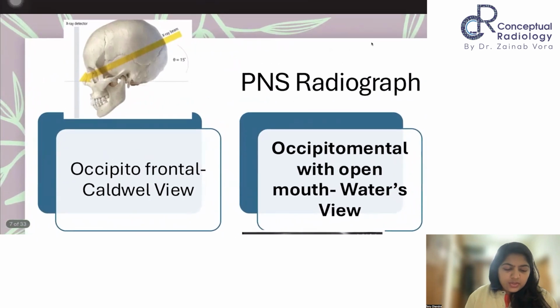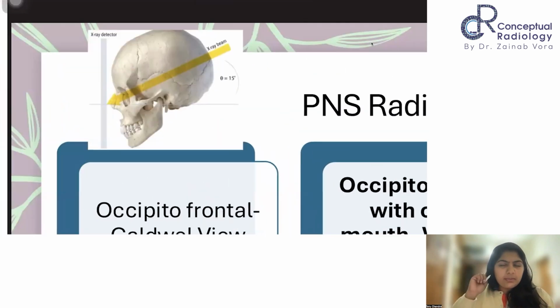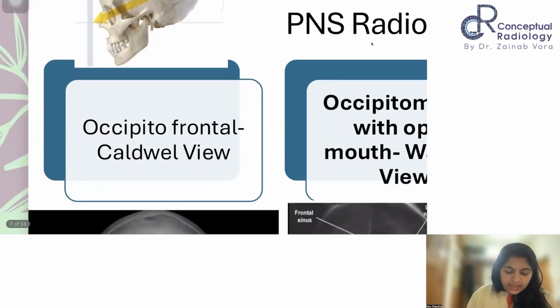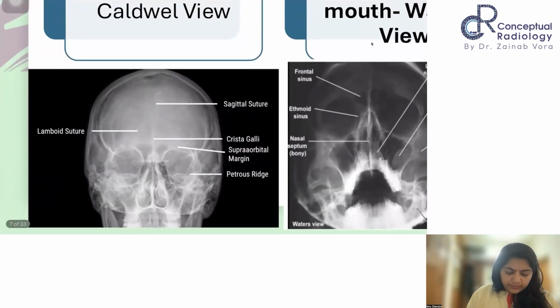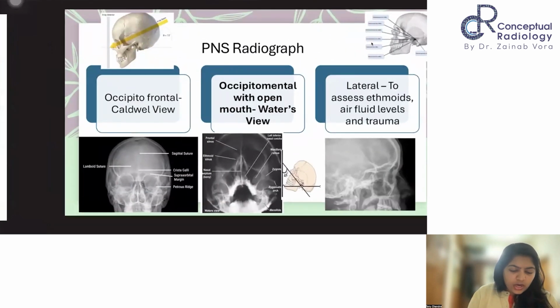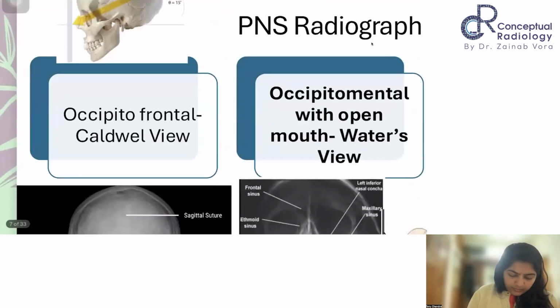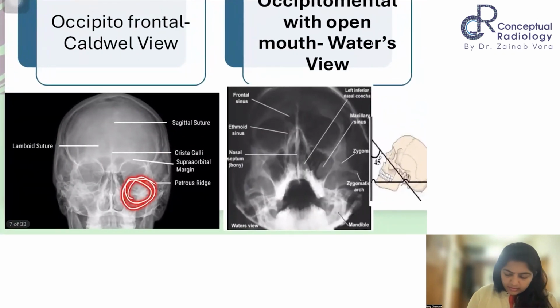Remember Caldwell view as occipitofrontal. Beam is coming from the occiput going to the frontal. So here the frontal is touching the X-ray plate, right? This is what you're going to see. Because your X-ray is going to come from the backside, your petrous bones are going to project lower.